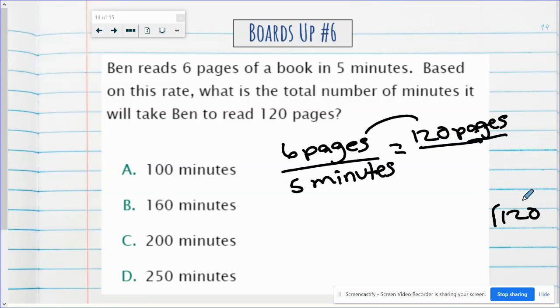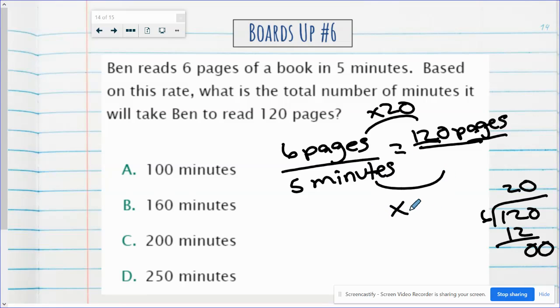So I'm going to do 120 divided by 6 to see what I need to multiply by, which will be 20. I already knew that, but I just wanted to show how you can do that. 6 times 20 is 120. You can also visualize that 6 times 2 would be 12 and then add your 0 to get the 120. So then 5 minutes times 20 is 100 minutes.